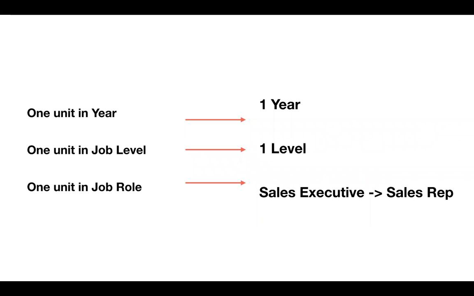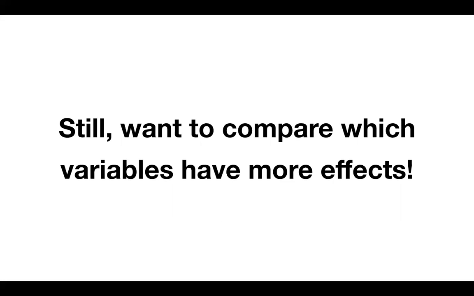Well, there's some kind of formatting problem here, but 1 unit in year means 1 year, and 1 unit in job level is 1 level. 1 unit in job role is the difference between the sales executive and the sales staff. So when we say a 1 data point increase, it means completely different things based on which variable you're talking about. That's the reason you can't compare the value of the coefficient among the variables.